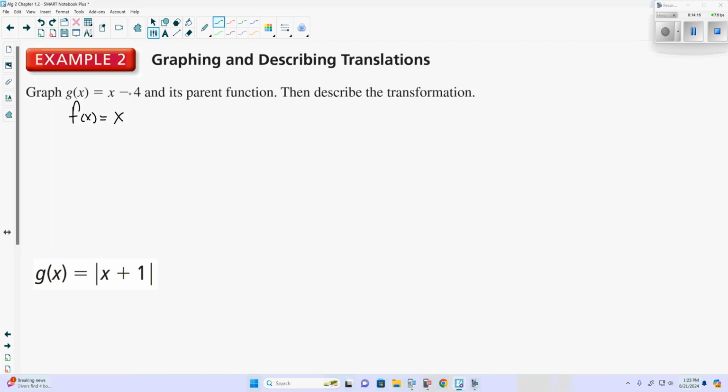So this here, its parent function, we would call it linear. Describe the transformation: down 4. And that's just looking at the graph. Okay? We feel comfortable with this so far? Awesome.